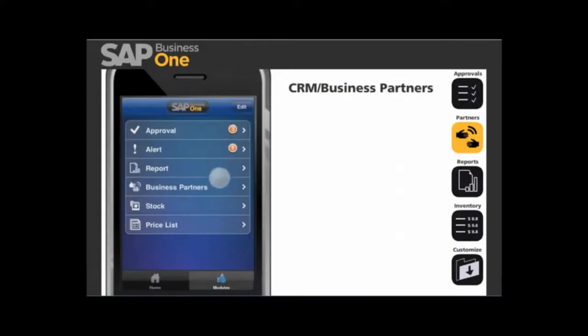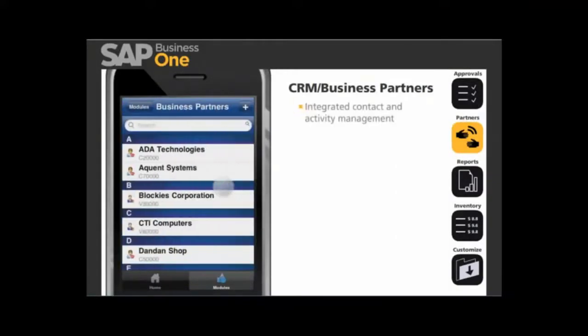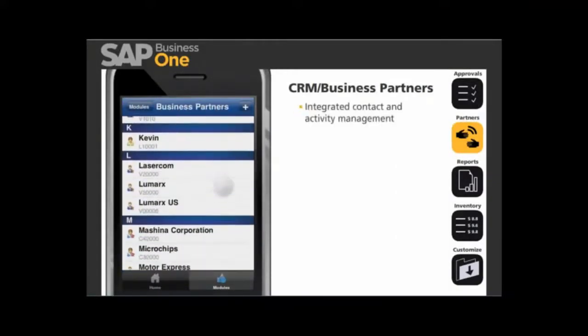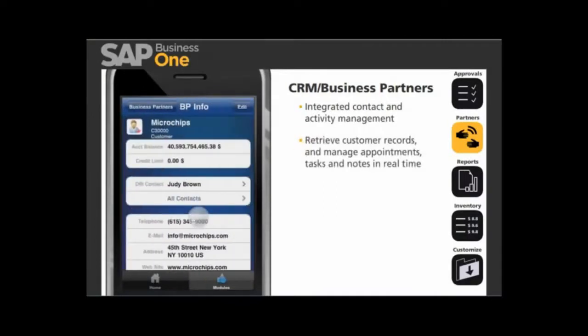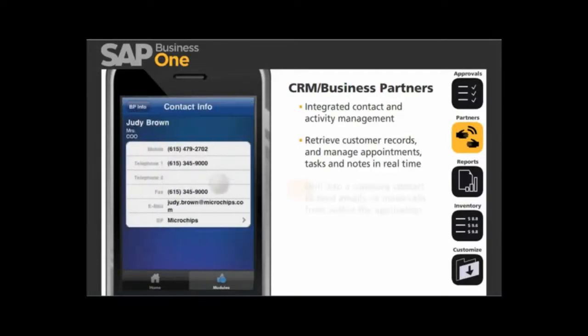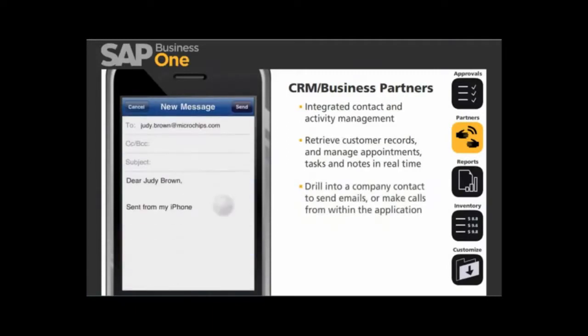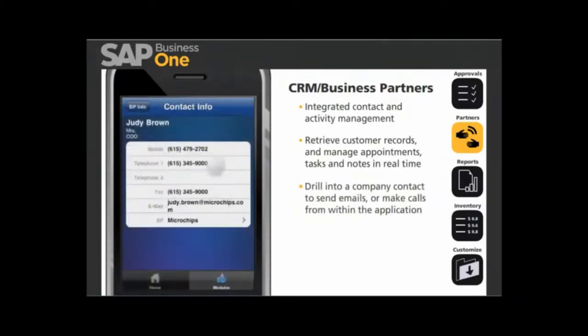The SAP Business One mobile application delivers integrated contact and activity management capabilities that enable you to retrieve customer records and manage appointments, tasks, and notes in real time. In addition to supplying quick access to account information, such as balances and credit limits, this fully interactive application also allows you to drill into a company contact to send an email or make a call from within the application.